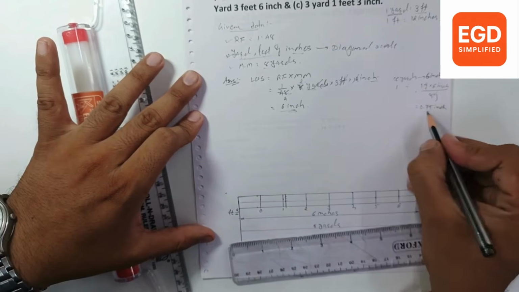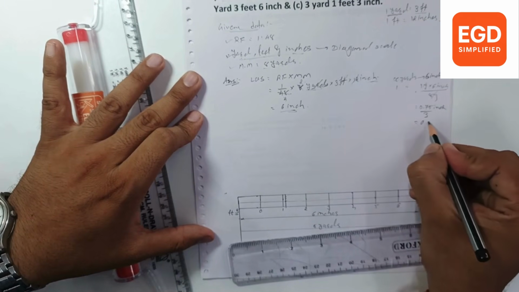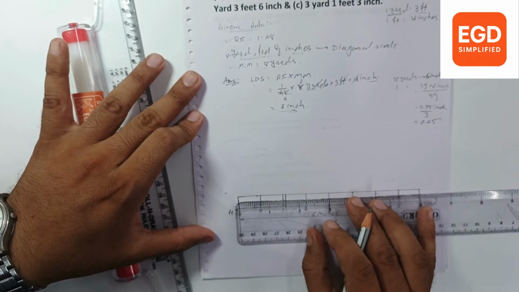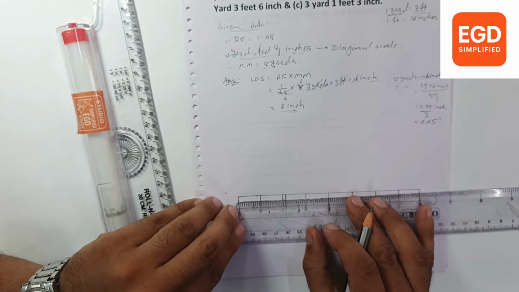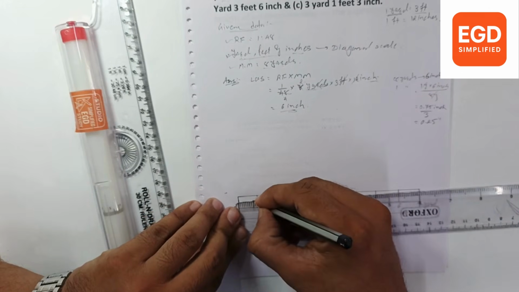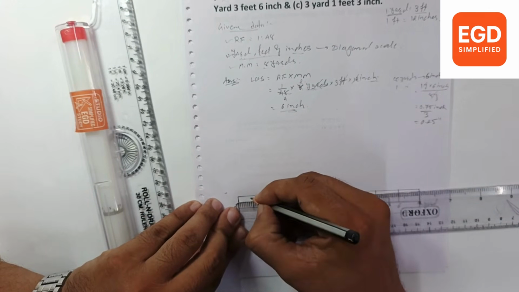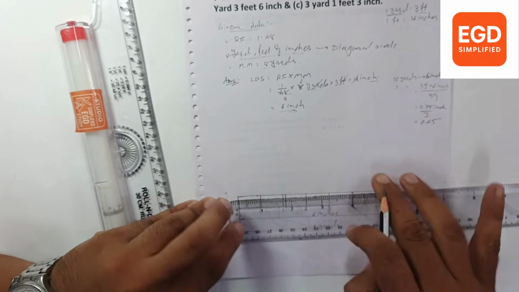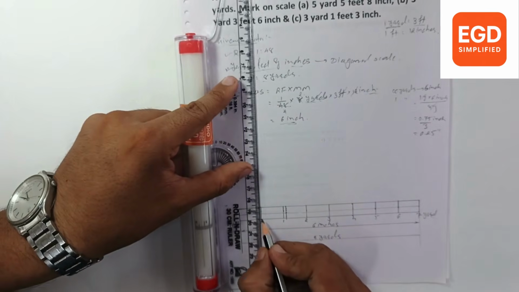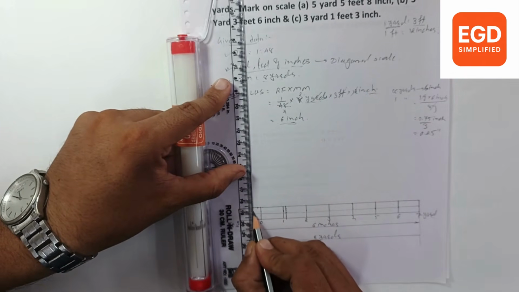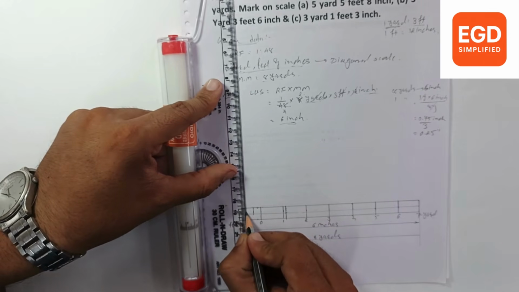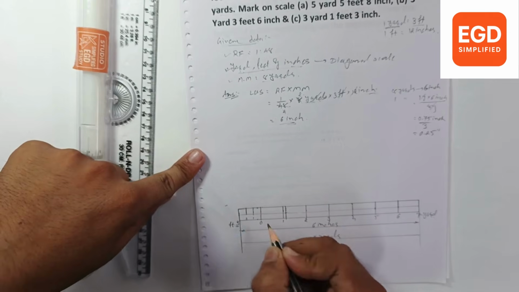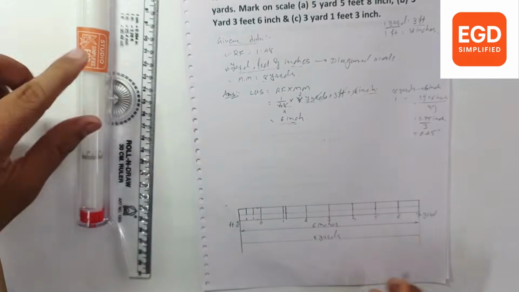So at every 0.25 inch measurement, we will divide this portion. So here one division will indicate 1 foot, 2 feet and 3 feet.